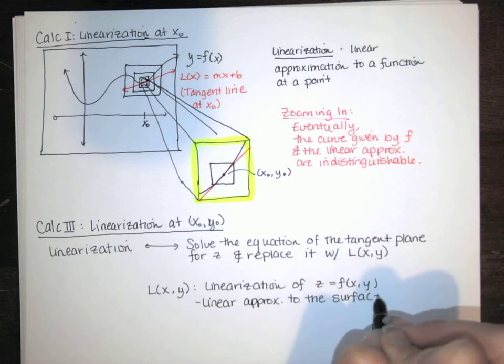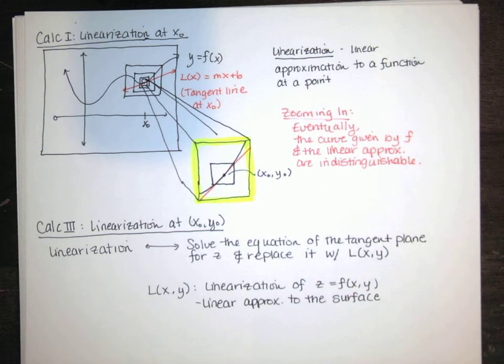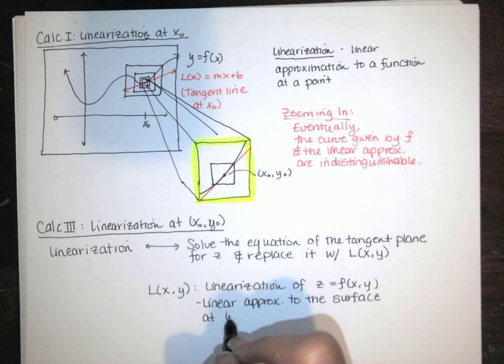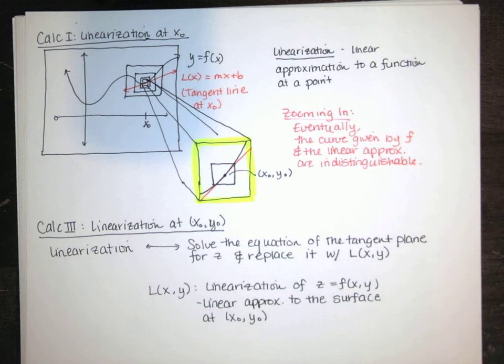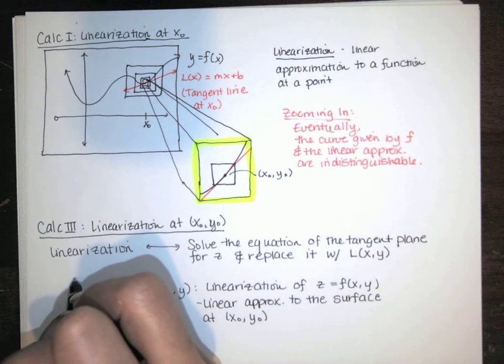And of course they have to give you a particular x naught, y naught, because you're going to have different tangent planes at every point. So it's a linear approximation to the surface at x naught, y naught. That's the linearization. We've already calculated tangent planes. Linearization is no different. We're just going to take the equation that we found, solve it for z, and call it a linearization. So in this new context, we're thinking of this as a linear approximation to the surface.